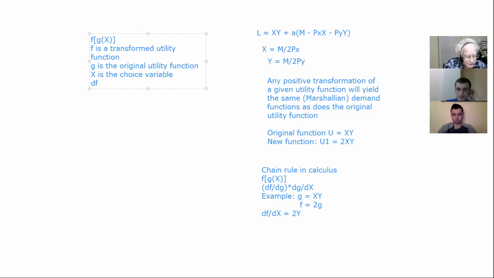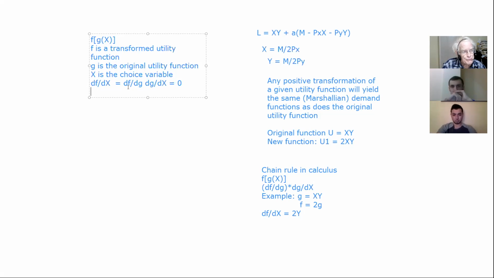So as always, we will take the derivative of the utility function with respect to x, and then set that equal to 0. By the chain rule, we have this product of derivatives, and then by the first order condition, this is equal to 0 since we have maximized f with respect to x.